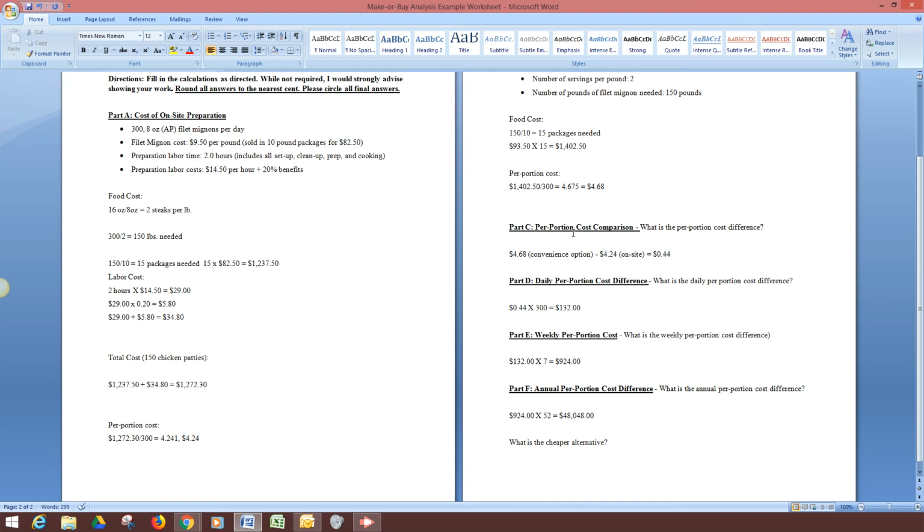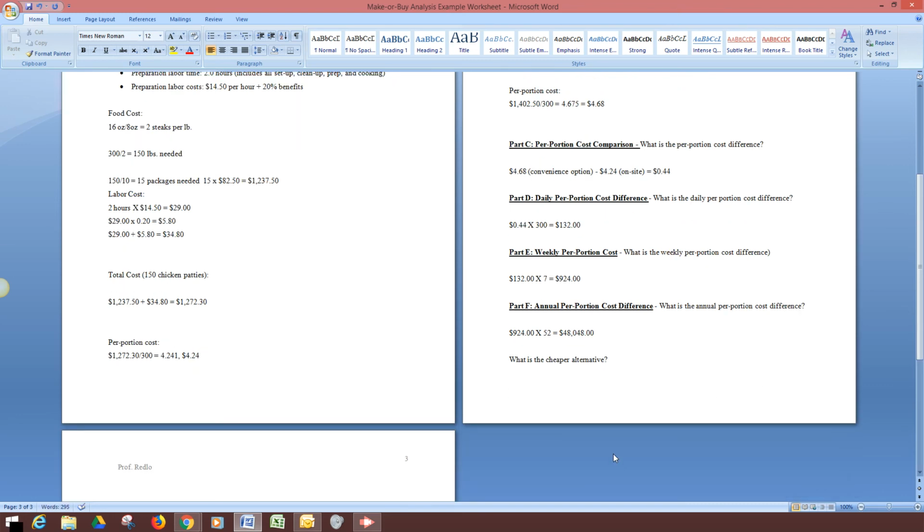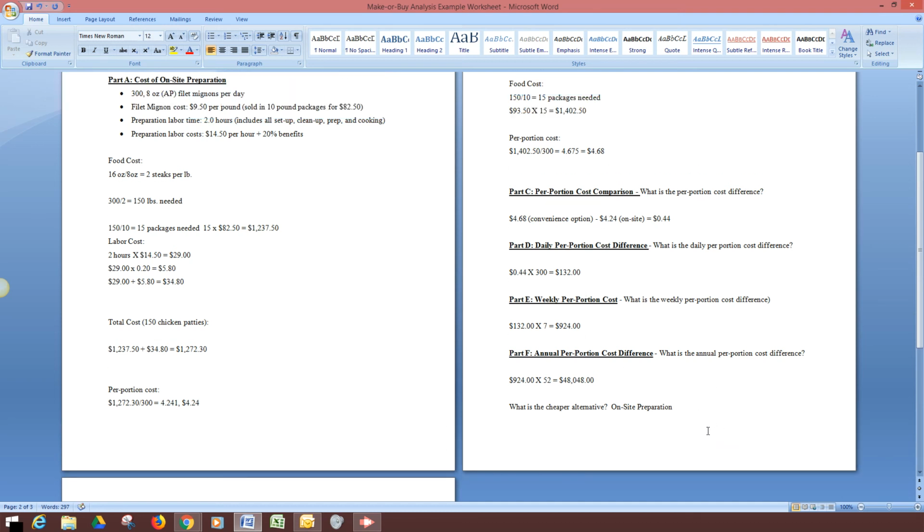So I draw your attention back to part C. Yes, it's only a 44-cent difference per portion, but when you're working in large volume, 44 cents adds up to a lot over the course of a day, a week, and a year. So the cheaper alternative, which will be our final answer here, is on-site preparation. On-site preparation had the lower per portion cost, and as you can see, that saves us a lot of money. So in the case of filet mignon, it makes more sense to do the trimming ourselves. That's the key takeaway from a make or buy analysis.